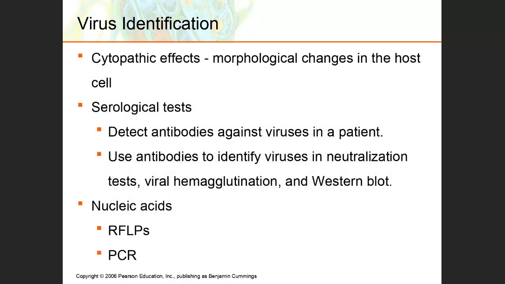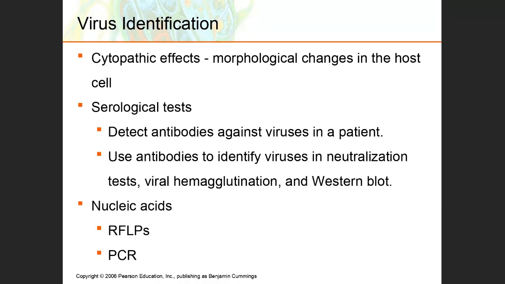But we still have to perform more sophisticated serological tests, like using antibodies. Remember when we talked about ELISA, the enzyme-linked immunosorbent assay? The idea you had those plastic wells where you could put the antigen in and then take serum from the patient, and if they have antibodies, the antibodies will stick to the antigen, and then we can detect those antibodies.